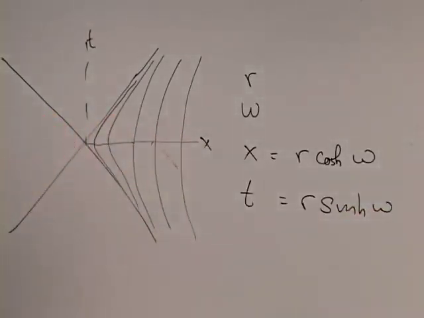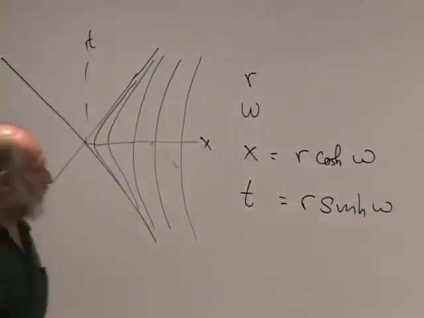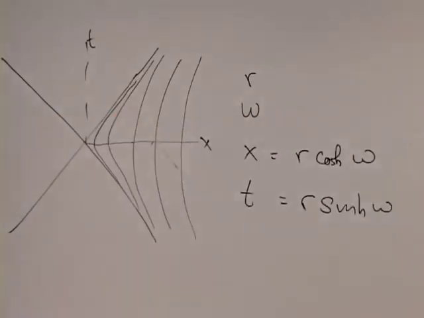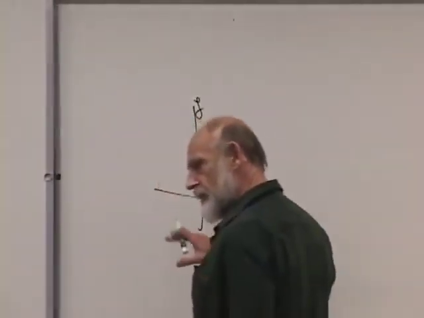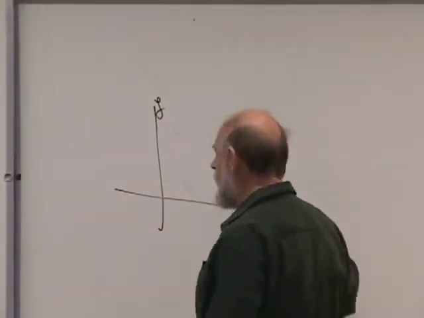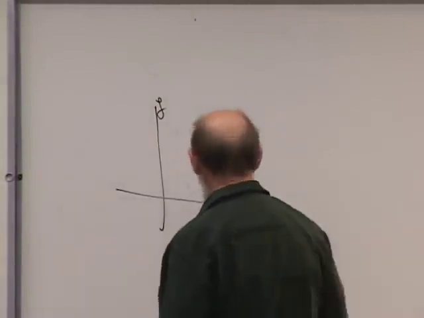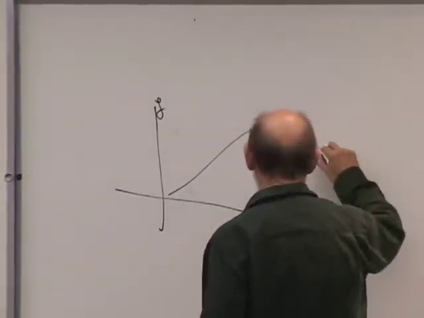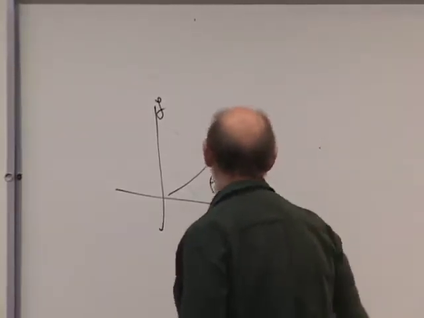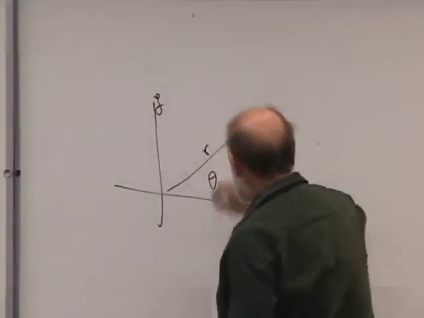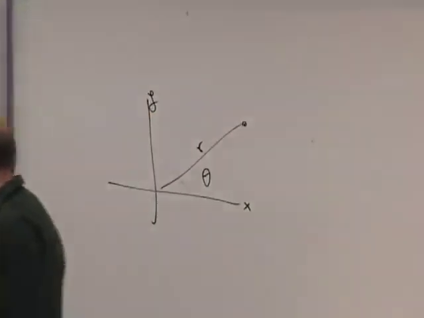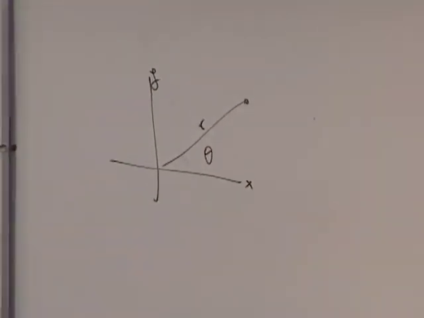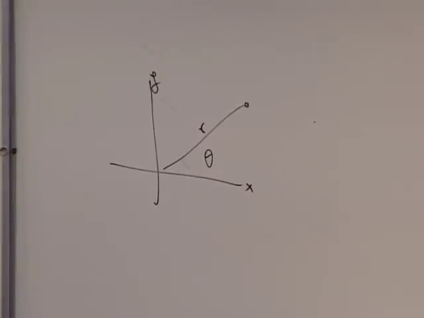Very much like polar coordinates, in which, by analogy, not x and t but x and y, we would write that a point is given by an r, and not an omega, but a theta. I use omega for hyperbolic angle, but it's a kind of angle.